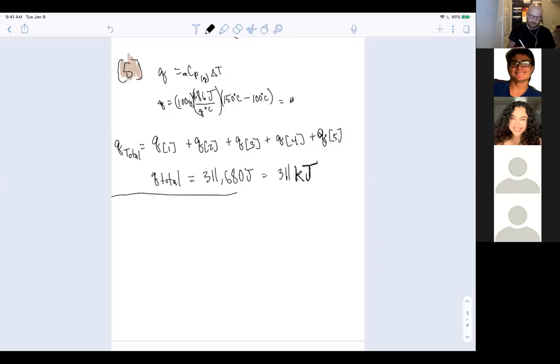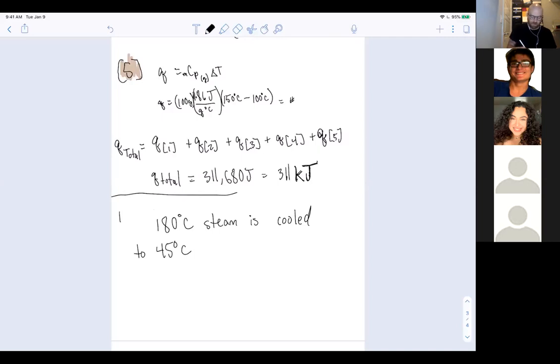Let's say you have steam that's at 180 degrees Celsius. I'll show you how you can use this.